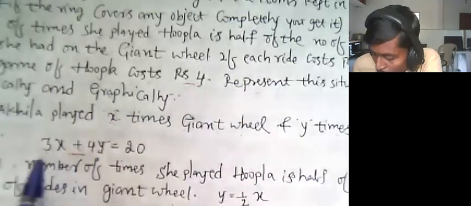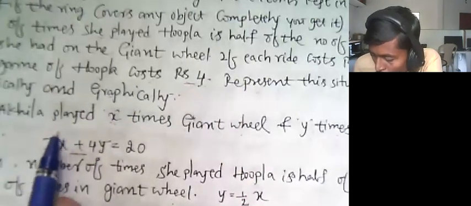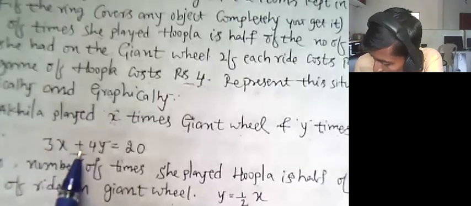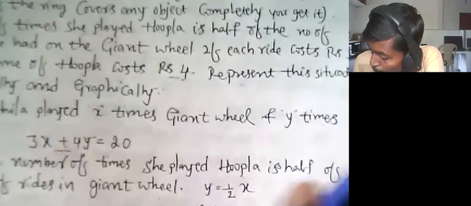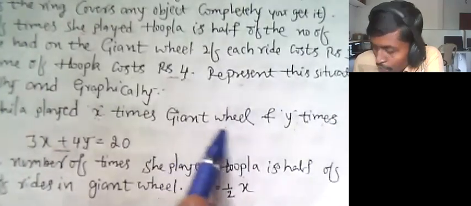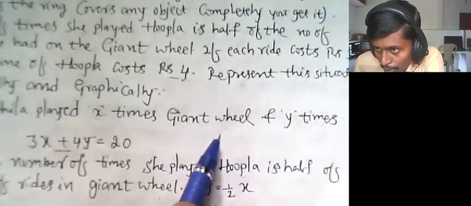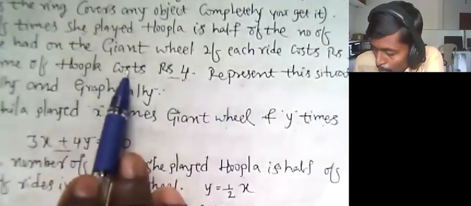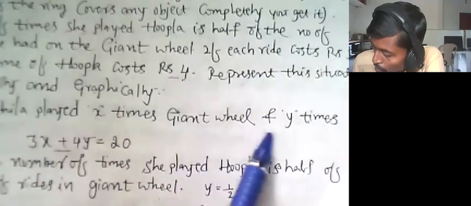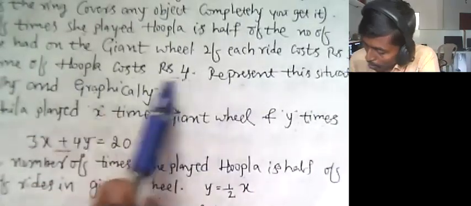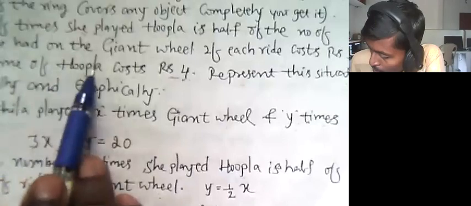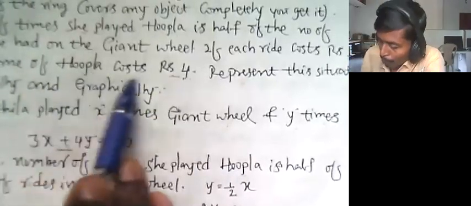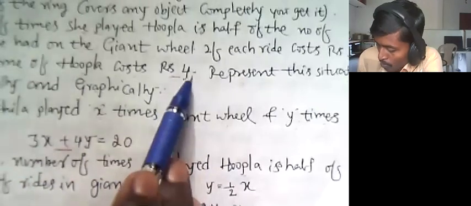Therefore the total cost is 3x plus she played y times hoopla. To play hoopla, each time costs rupees 4.